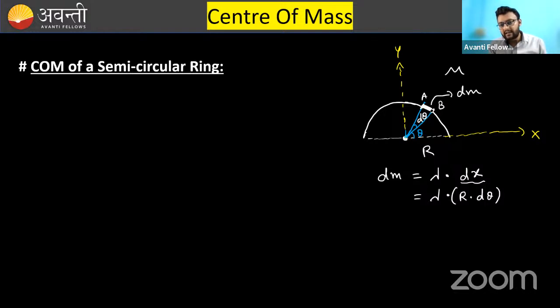For example, this is a circle, this is the radius, and this arc length L is R into theta, that you have studied. But in our question, theta is d theta. So that's why we have written dx is r d theta. I hope this is clear to you.